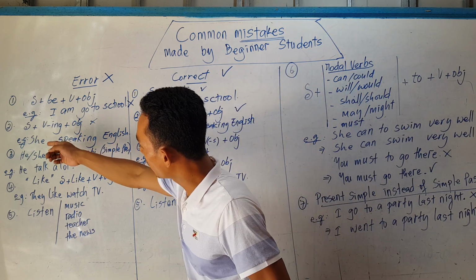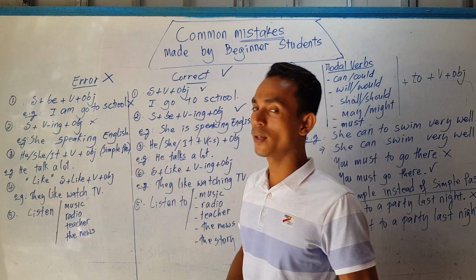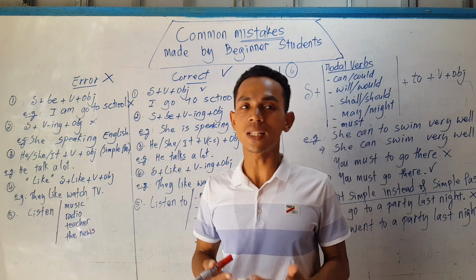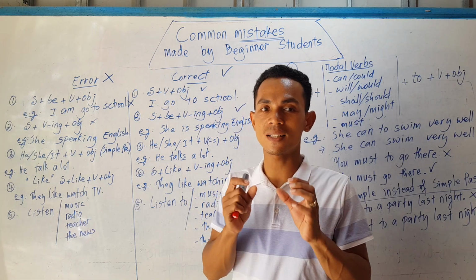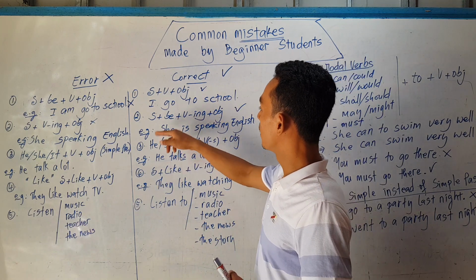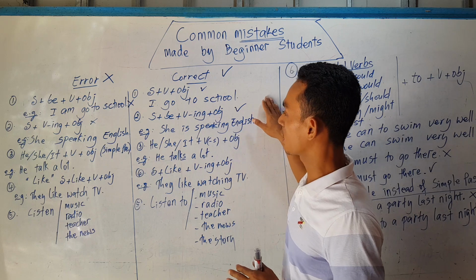An example of the wrong tense: she speaking English. When talking, it sounds like present continuous, but in writing, it is a mistake. So the correct form is subject plus to be plus verb-ing plus object. This is present continuous.